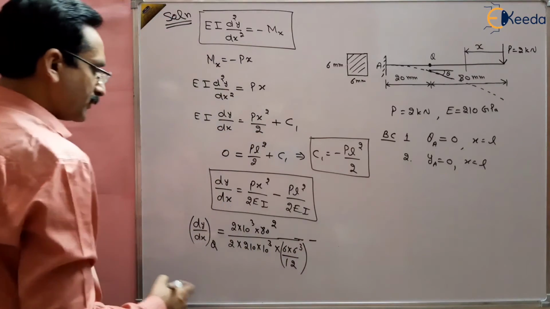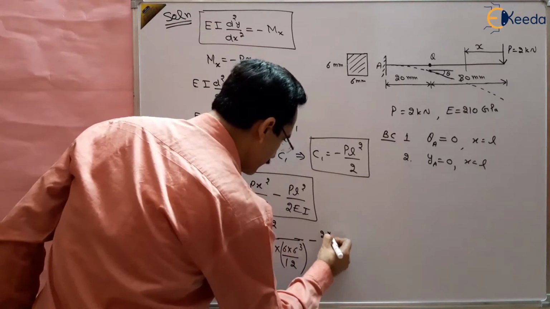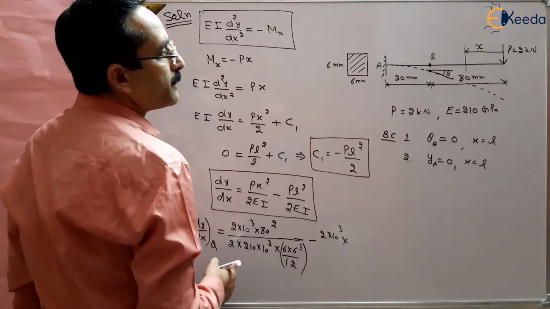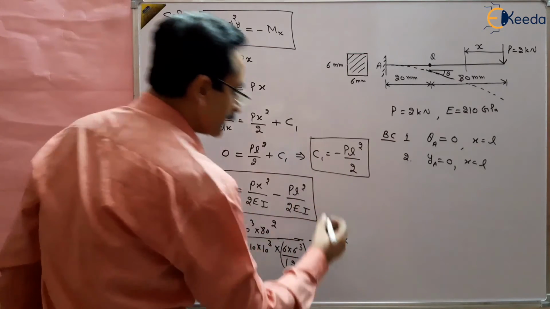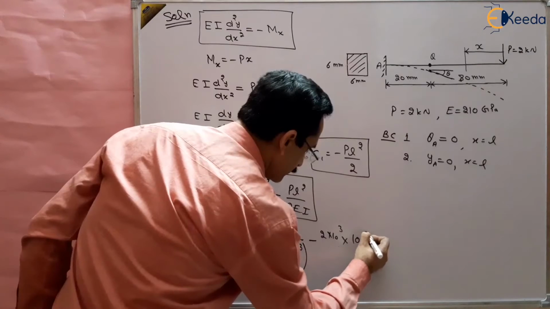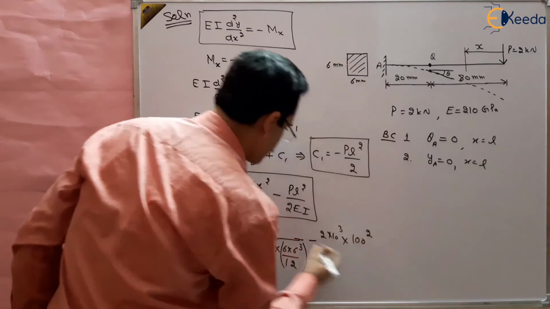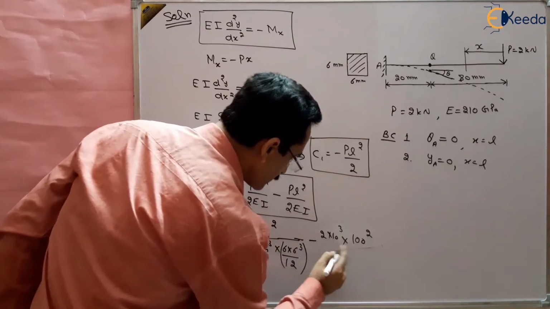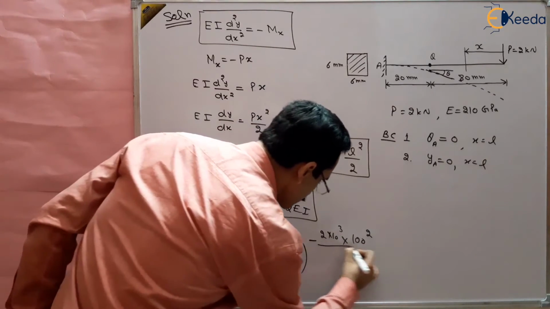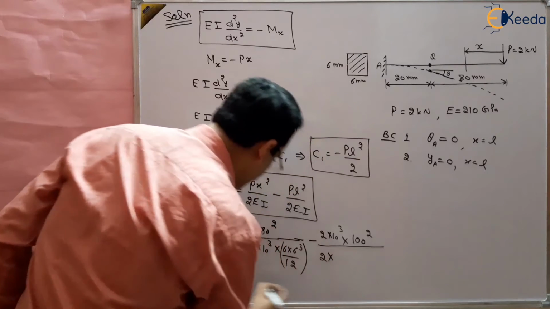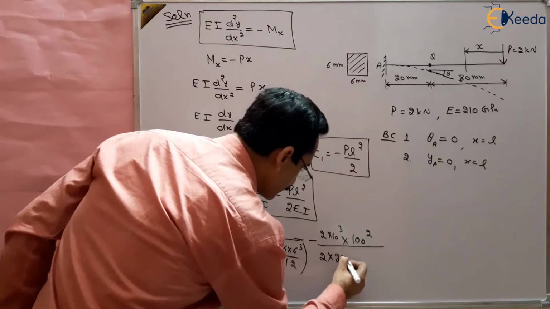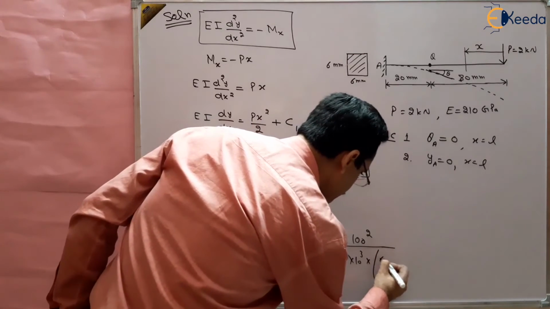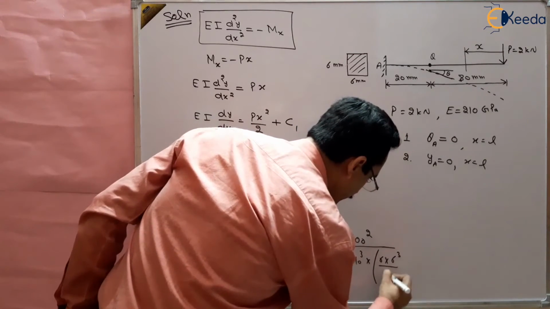Minus P, again P, that is 2 into 10 power 3, into L. L is the total length, that is 100, so PL square by 2, multiplying 210 into 10 power 3, into BD cube by 12, that is 6 into 6 cube by 12.